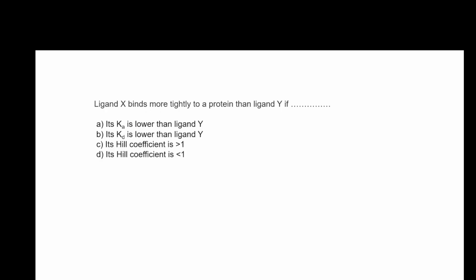Next, we'll see: ligand X binds more tightly to a protein than ligand Y. If so, here what happens is, for example, an enzyme plus substrate complex. The forward reaction which makes the enzyme substrate complex is K1. And then we have the reverse reaction, which is K inverse.